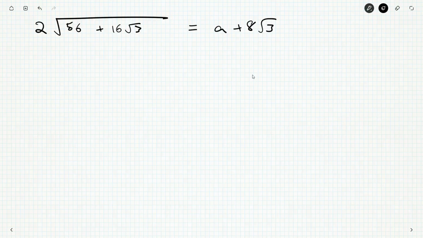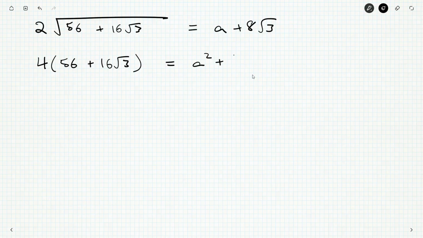Well, if I square both sides, I'll get 4 times 56 plus 16 root 3 is equal to a squared plus 2a8, so 16a, plus 8 root 3 squared, so that'll be 8 squared times 3, so that'll be 192. Oh, and I forgot a root 3 here. So this sort of has to be true in order to get an integer.